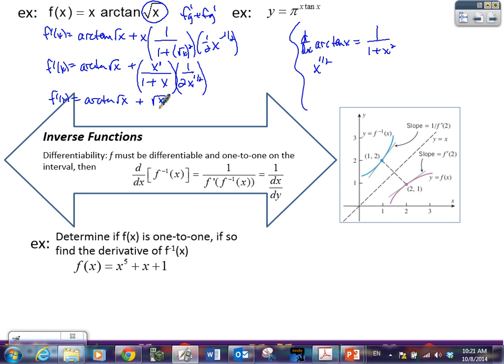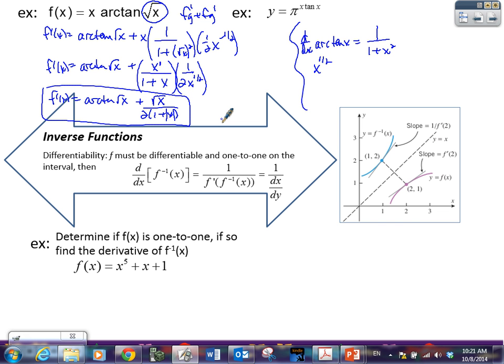So I'm just going to change that to be root x over 2 times 1 plus x. You could distribute the 2 if you want to. Be fine. Okay, probably to be perfectly proper, we could just put this absolute value right there just to make sure that we're all good. Okay. How are we?